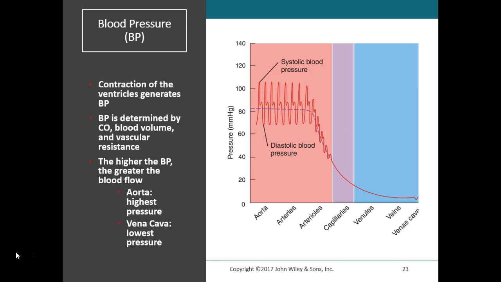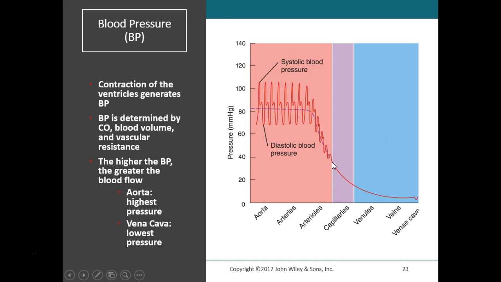So if we look here at this graph, you can see we've got the aorta, then arteries, arterioles, capillaries, venules, veins, and then the vena cava. And remember, at the vena cava, the blood's going to drop back into the right atrium. So if you look at the pressure, as the heart contracts, blood is at its highest pressure when it's in the aorta, and then that pressure starts to fall as the blood flows farther and farther away from the heart.